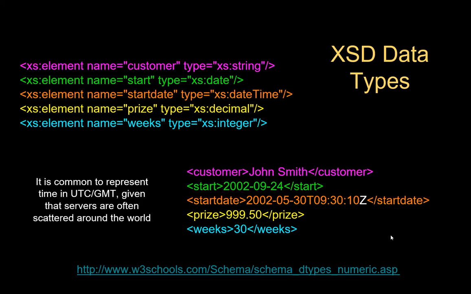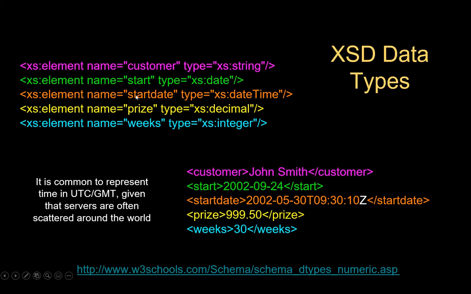So we're going to talk about XSD data types. The first one, for example, the element name is customer type, which is going to be string, which means that any text is covered. String is going to cover pretty much every text. We're going to have a start, the type of which is date, so this is going to show us a date.